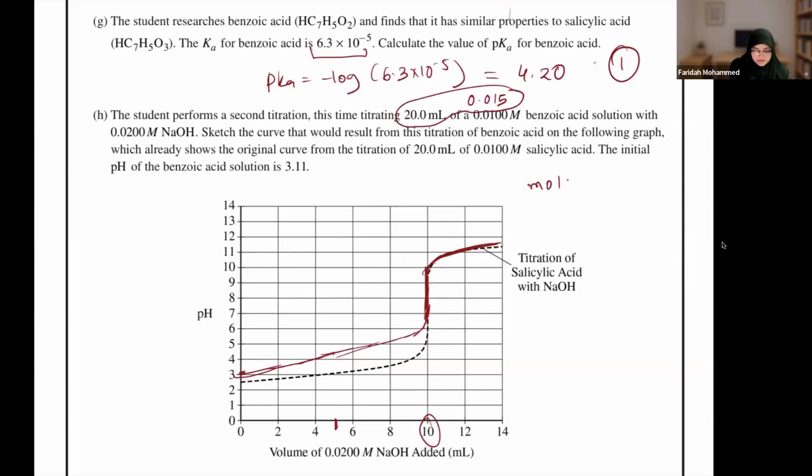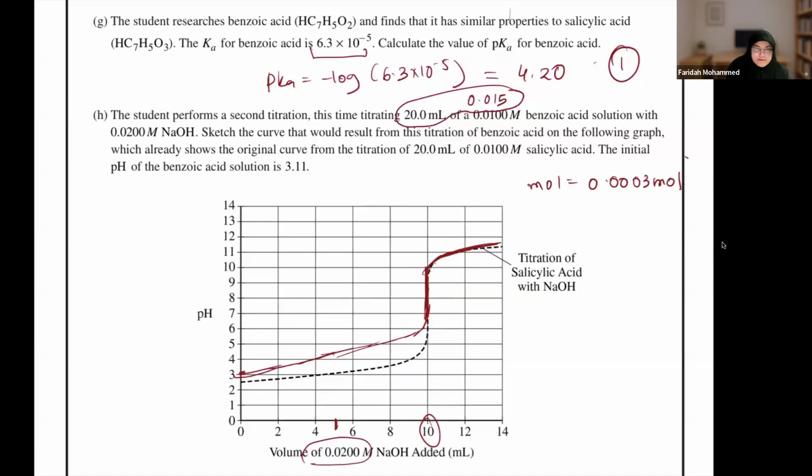So multiply, 0.02 times 0.015, that gives you 0.0003 moles. And what is the concentration of NaOH? That is that. So this is the moles of benzoic acid.